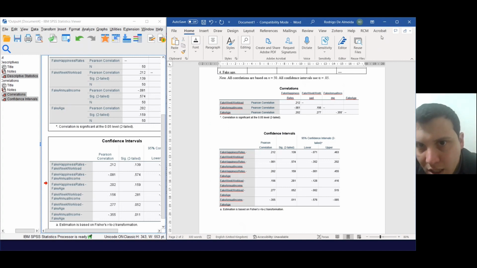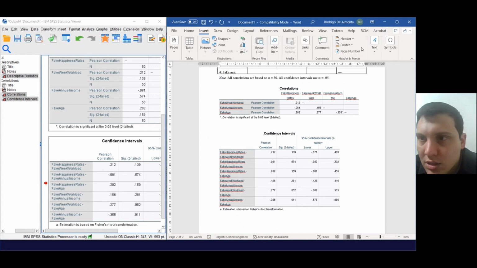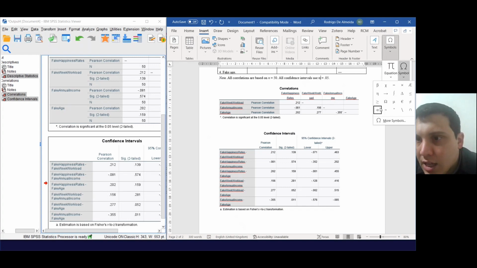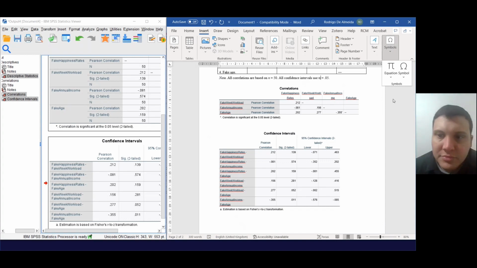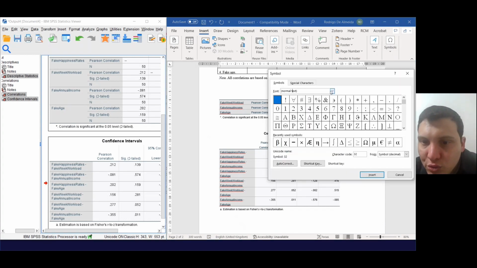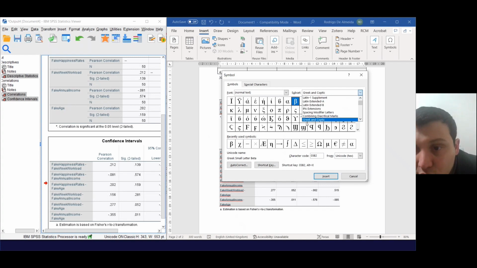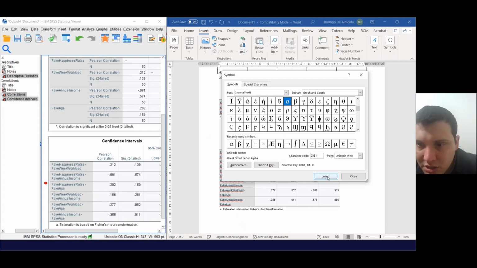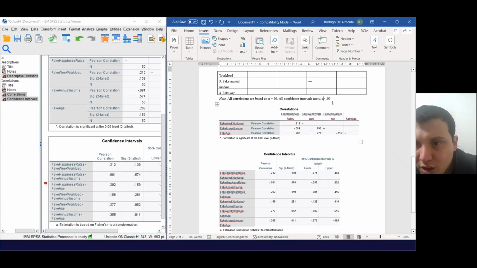Or more appropriately, we go to Insert, Symbols, Symbol, and I have alpha here, but if you don't, because these are the recently used ones, you go to More Symbols, and once it opens, you go to Subset, and we choose Greek, because we're looking for a Greek letter, right?